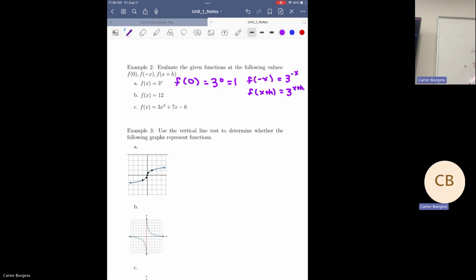Yeah, so 0 squared is... That looks good. Fantastic. Awesome.